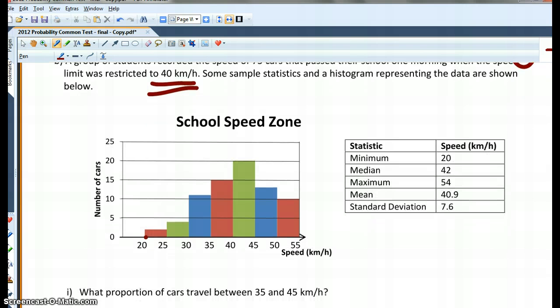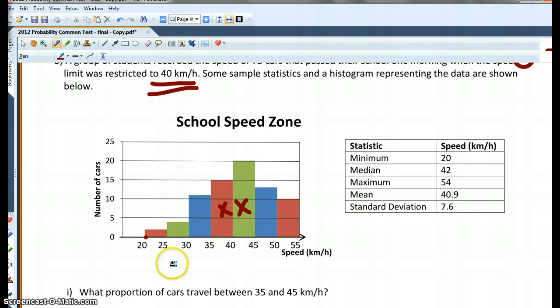What proportion of cars travel between 35 and 45? We're looking at this column and this column: between 35 and 40, and 40 and 45.